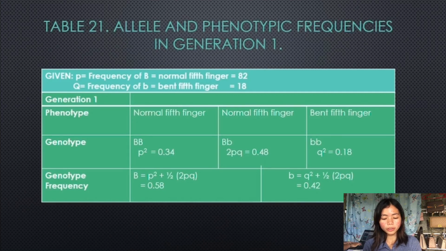So, 0.58 squared equals 0.34. 2 times 0.58 times 0.42 equals 0.49. Then 0.42 squared is 0.18. If we add all of that, the answer is 1.